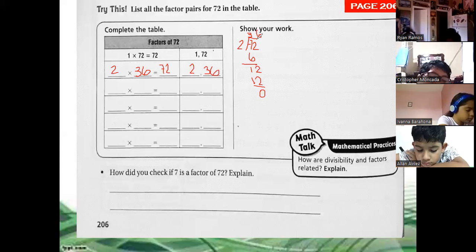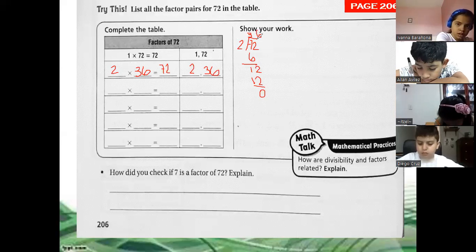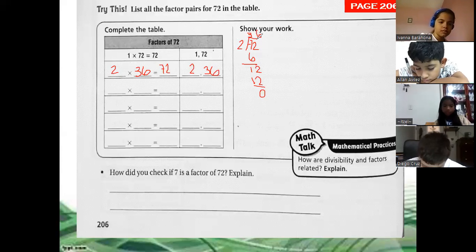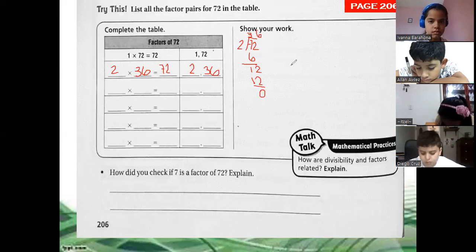What does the rule say about divisibility?